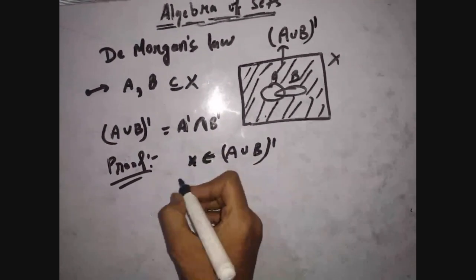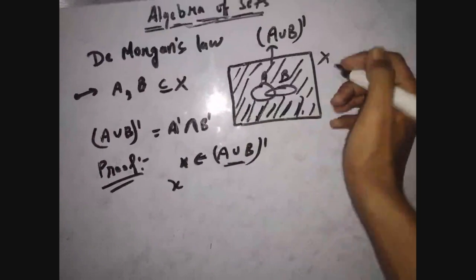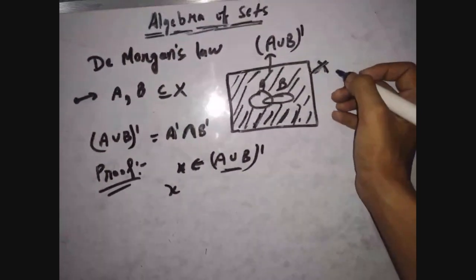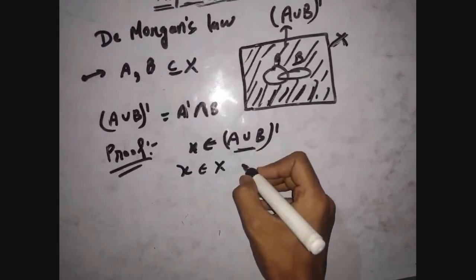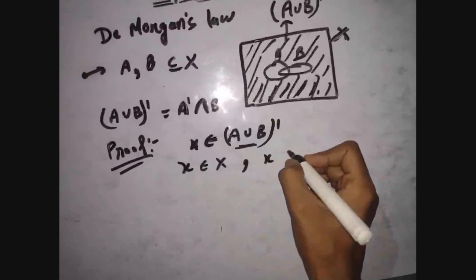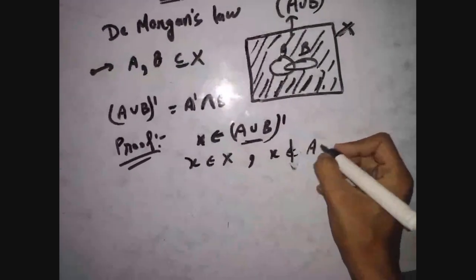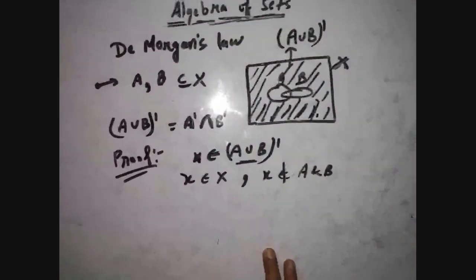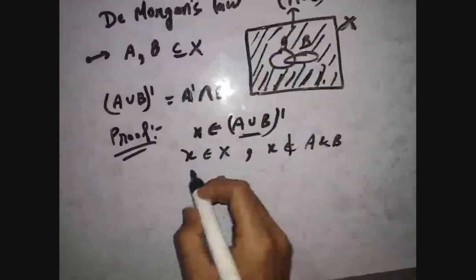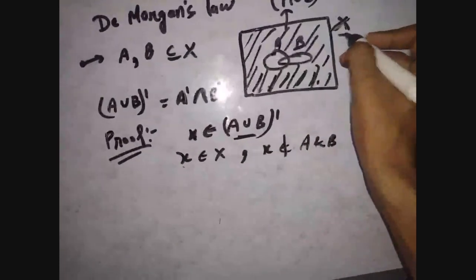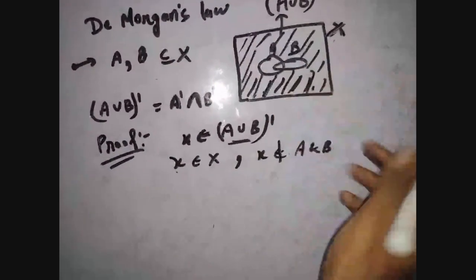This is actually the shaded region, which is a subset of this larger set X. So we can say that x belongs to X, and we can also see that x does not belong to A and B. If x is an element of (A union B) complement, which is this shaded region, then x is in this larger set X, and x is not a part of A and B. It is very obvious.